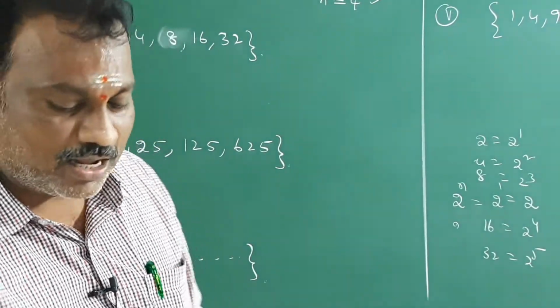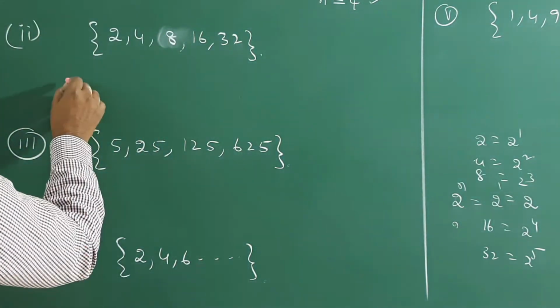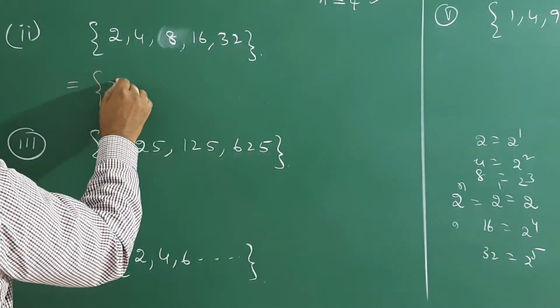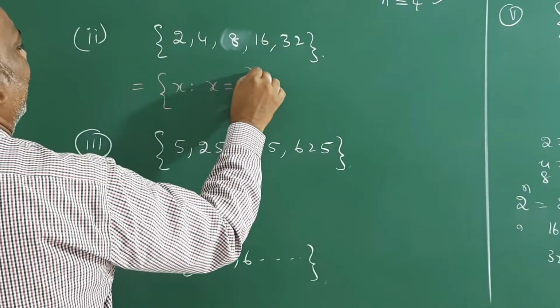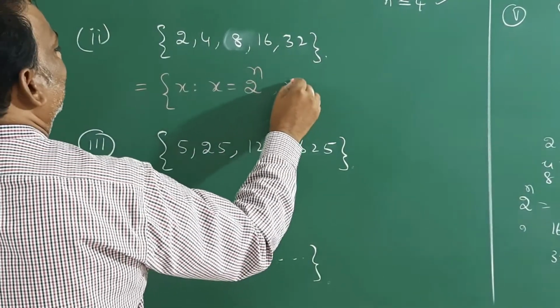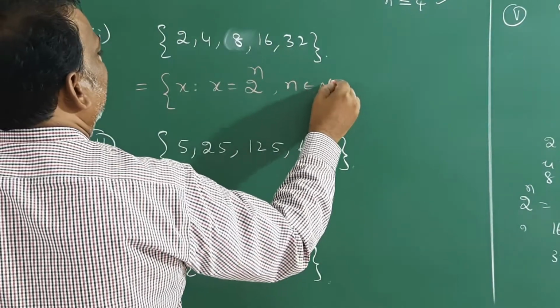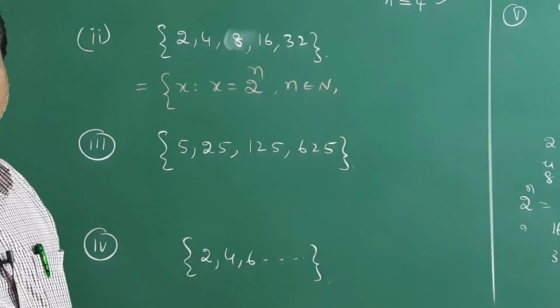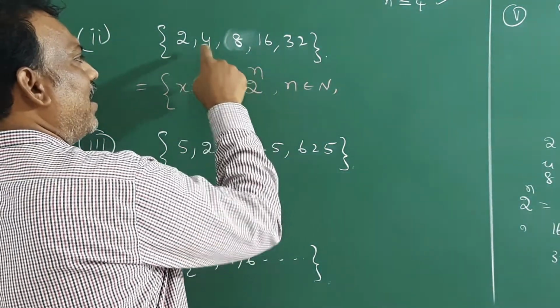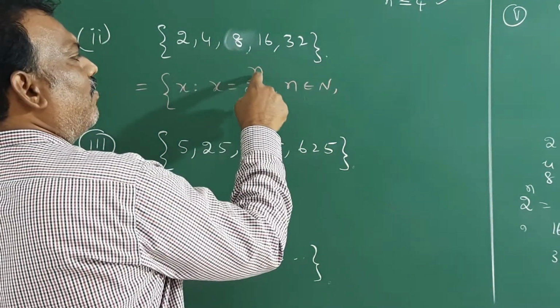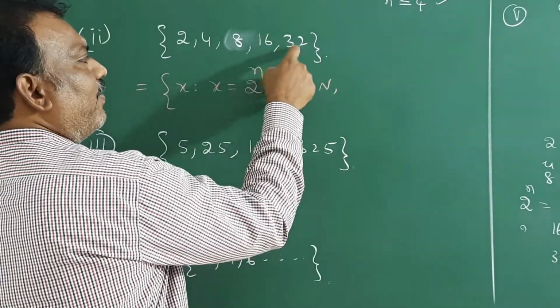Correct or not, students? Now you are going to write here: set of x such that x is in the format of 2 to the power of n. n belongs to natural numbers, but how many natural numbers do we have to take? If you take 1, first value; 2, second value; 3, third value; 4, fourth value; 5, fifth value.